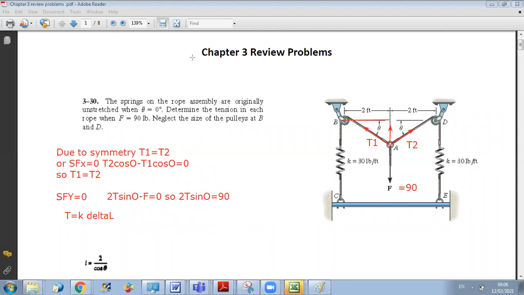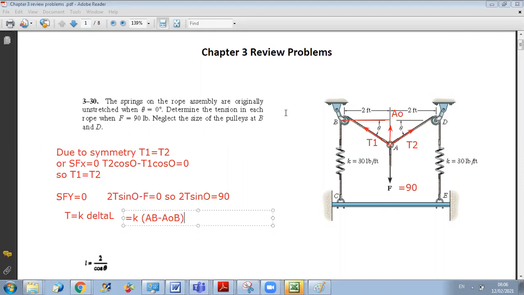So if I call this point A0, then the stretching of the spring delta L can be written as the difference between AB and A0B. So delta L is due to the variation of length of AB. So it's AB minus A0B.